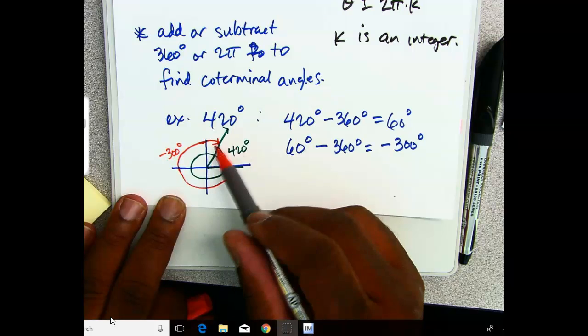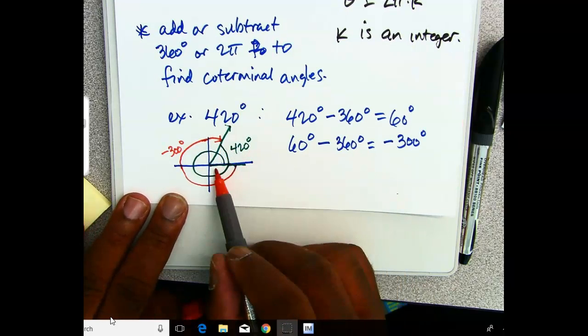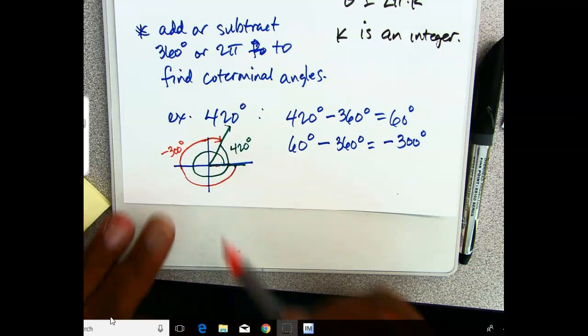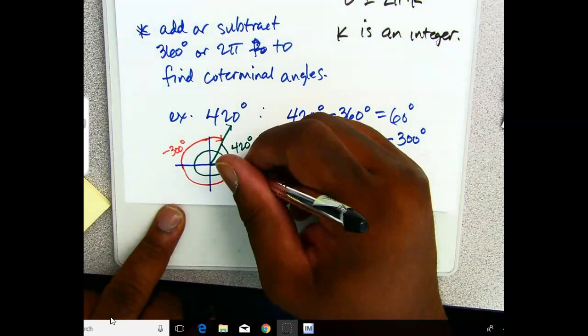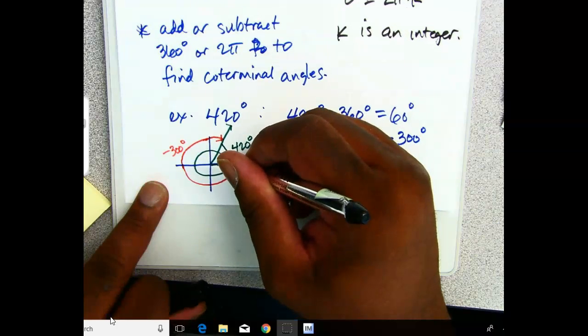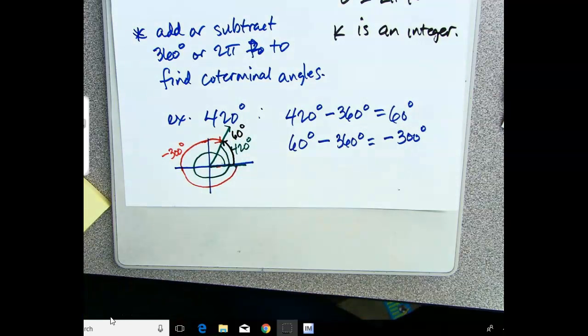So 420 degrees is coterminal with negative 300. They both share the same initial side and terminal side. And also, there's the angle measure for 60 degrees. So all three of these angles are coterminal. And we can continue to add multiples of 360 to get different coterminal angles. So that's why every angle has an infinite number.